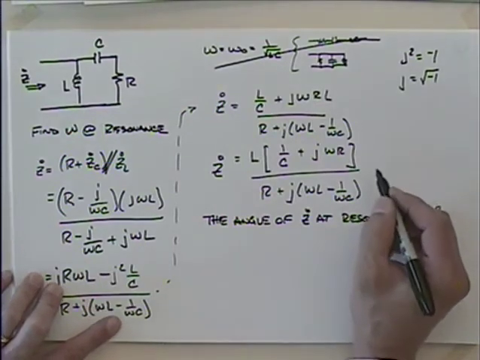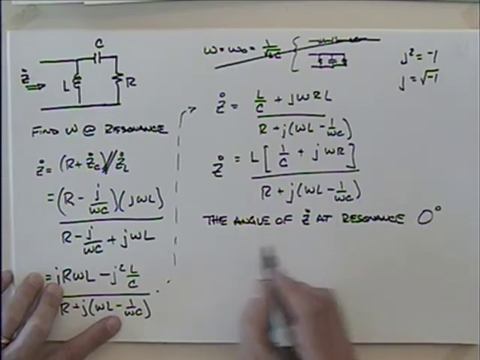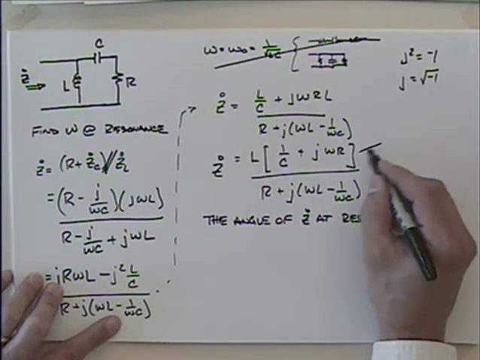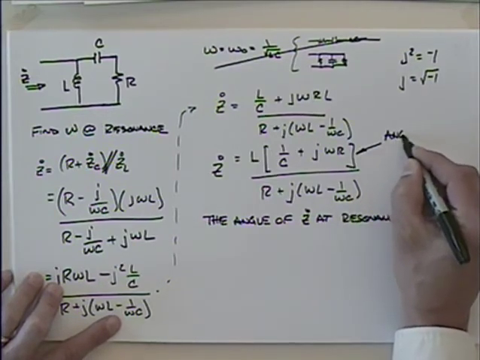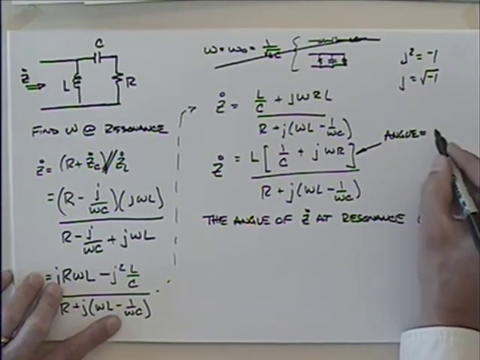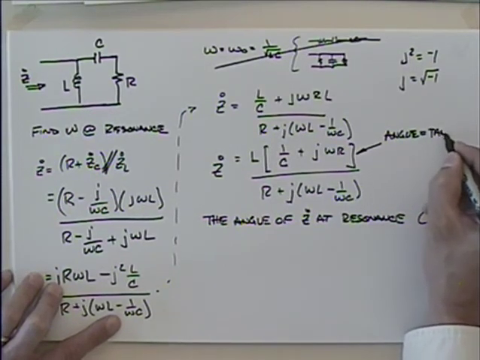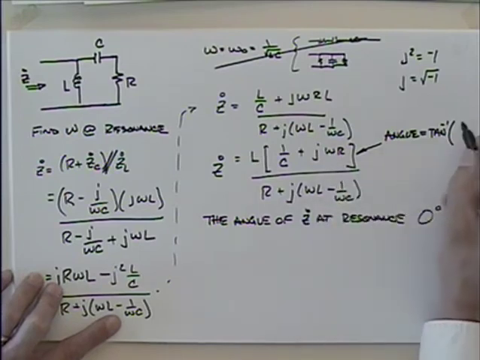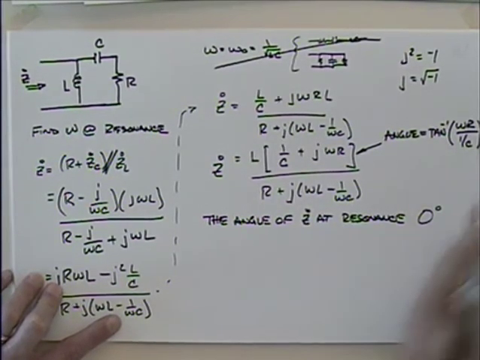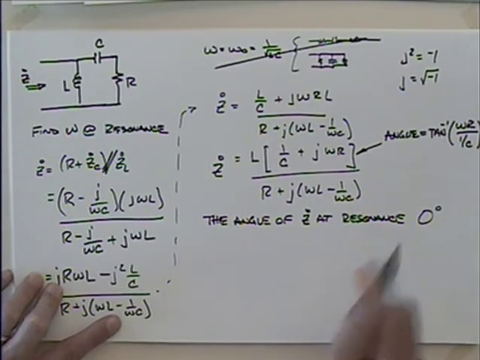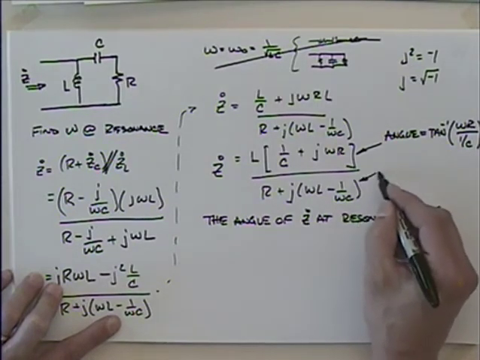So if I look at the angle of the numerator, I could say the angle here is equal to the arctangent of what? Omega R divided by 1 over C, right? And what's the angle here?